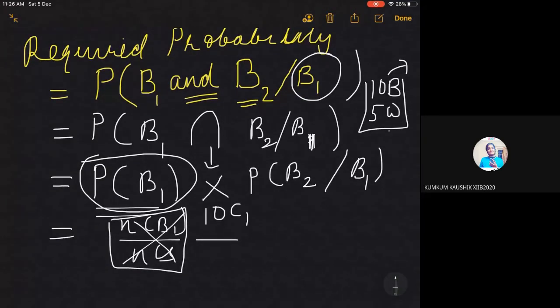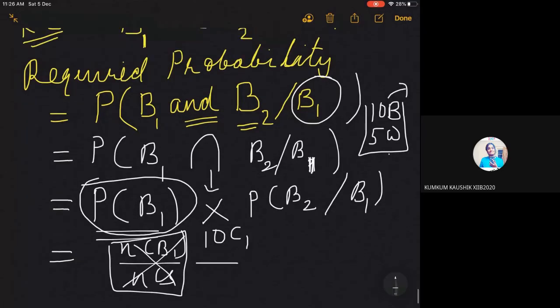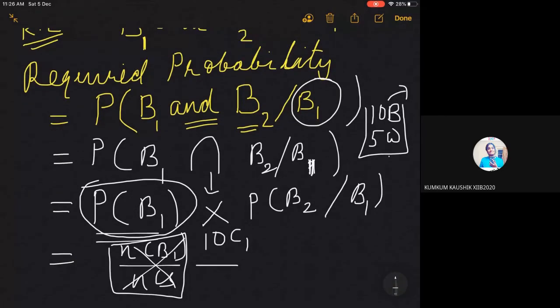The experiment is selecting one ball from how many balls? There are 15 balls. From there you are selecting one ball. So this is a separate experiment you have to consider.